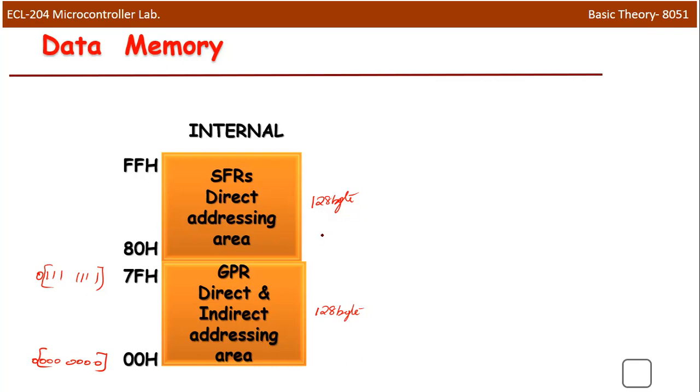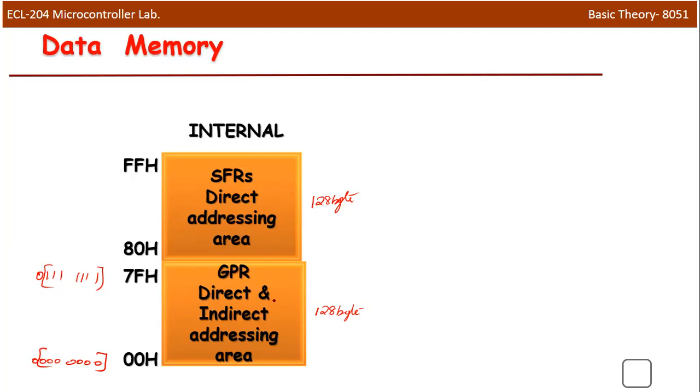At that time you should mention that 128 is general purpose and 128 is special purpose. For general data storage or temporary data storage, we use only the lower 128 bytes, 00H to 7FH, and the remaining is labeled from 80H to FFH. You should remember this address range; it is very important. The higher 128 bytes are accessible only by direct addressing mode.